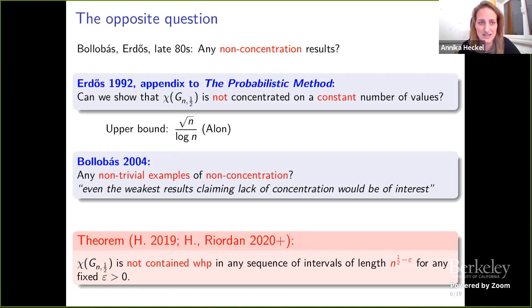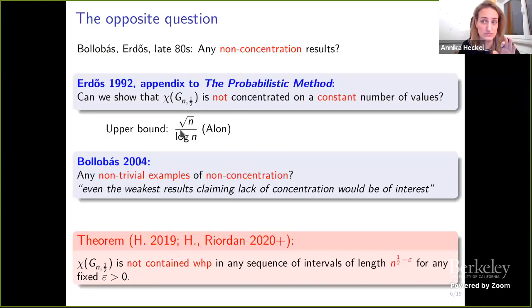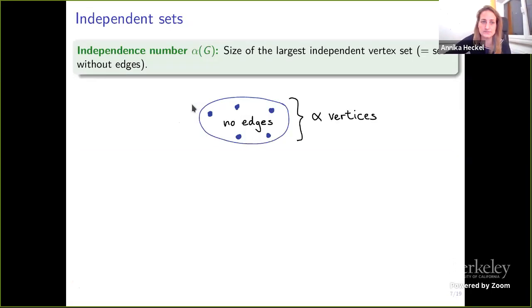Okay, let me first start by trying to convince you why you should believe this theorem is true. For this I need to talk about independent sets for a bit. So an independent set in a graph is just a vertex set without any edges between them. So a set like the one I've drawn here.